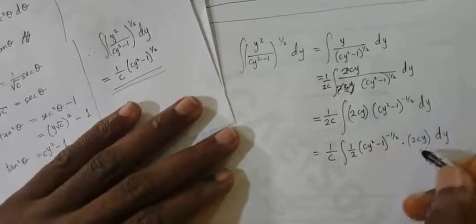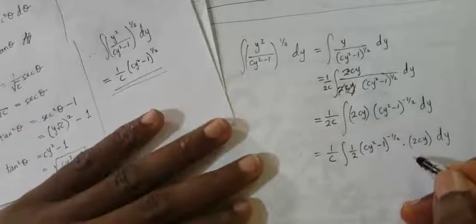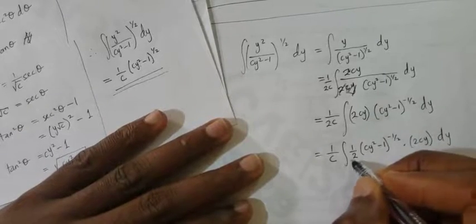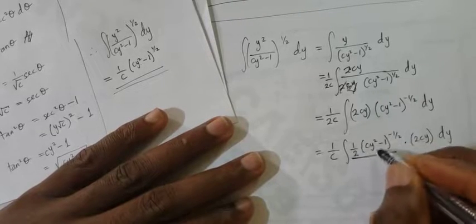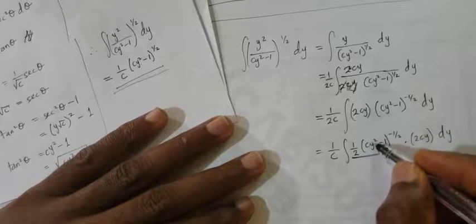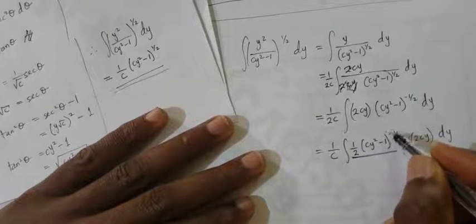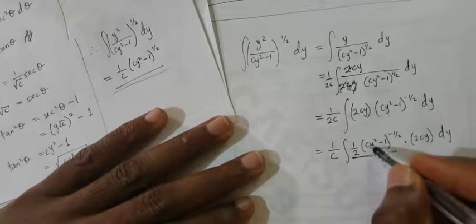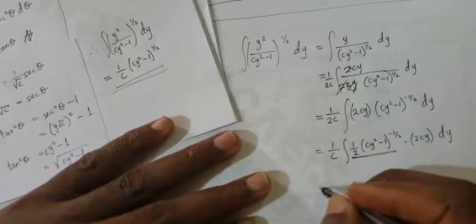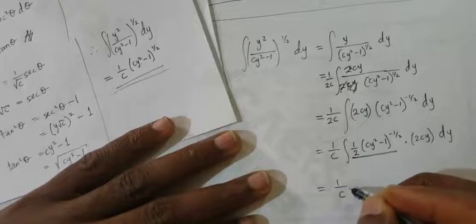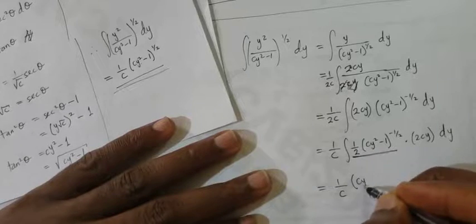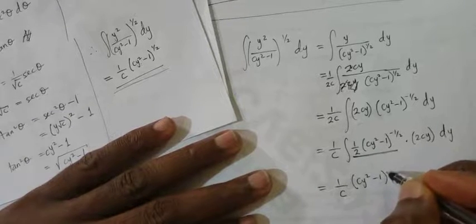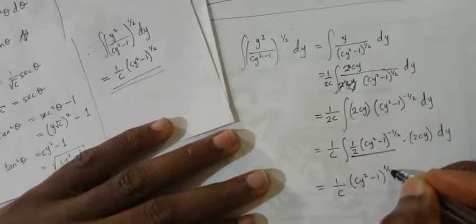So we recognize that this expression here is just the derivative of (cy squared minus 1) raised to power 1 over 2. What we have here could just have been observed to be 1 over c into (cy squared minus 1) raised to power 1 over 2.